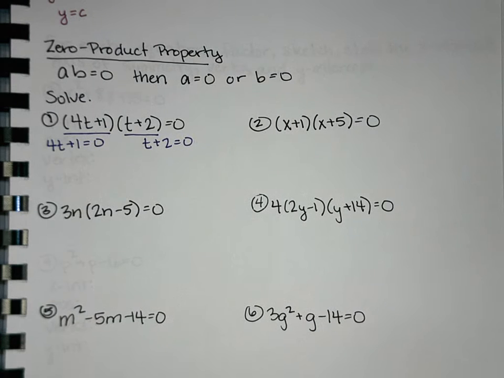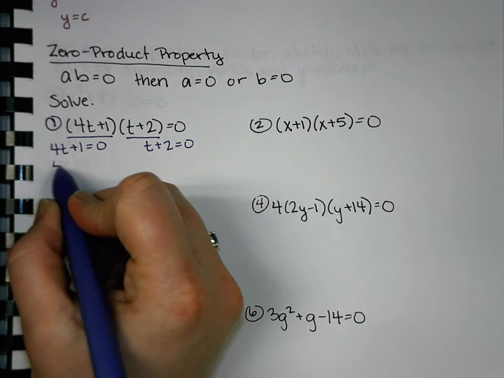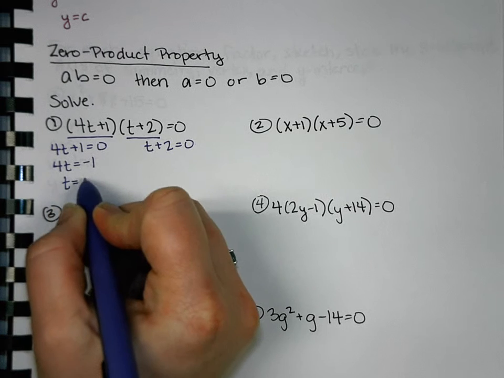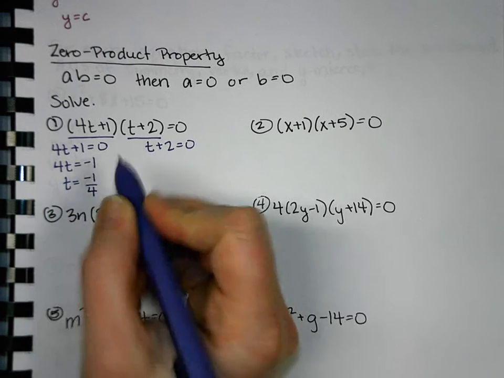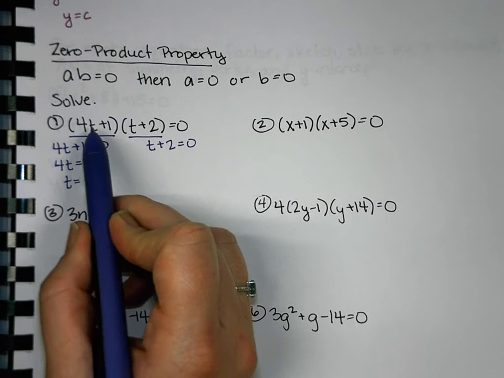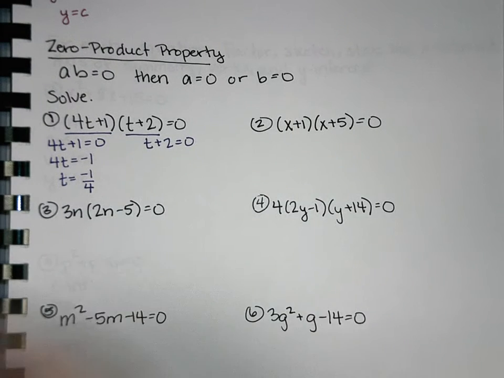So we're going to figure out what t value makes each one 0. So here we'll subtract 1 and divide by 4. So if t is negative 1/4, this term will be 0, making the whole product 0.